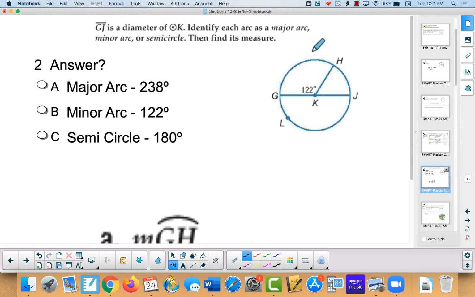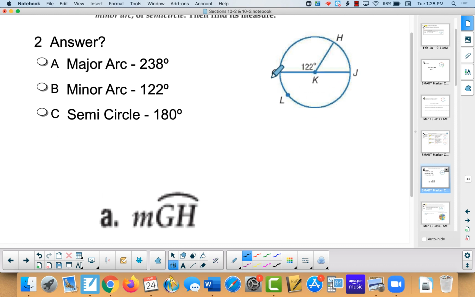So in this question, we're trying to find out if GH, so this arc right here, is a major arc, a minor arc, or a semicircle. Well, because it's two letters, it has to be a minor arc, which means it's less than 180 degrees.